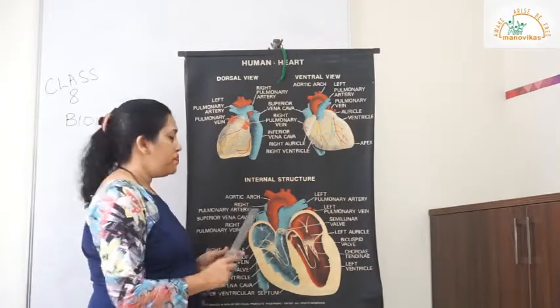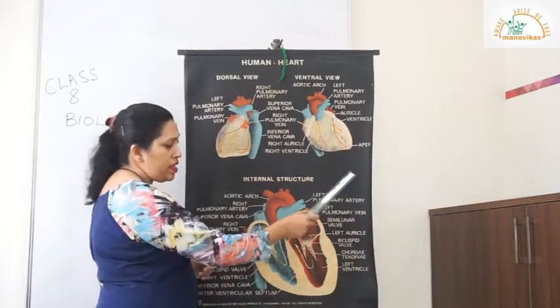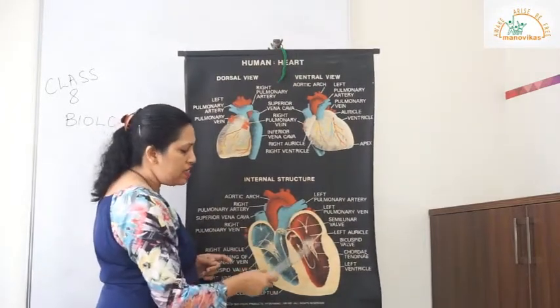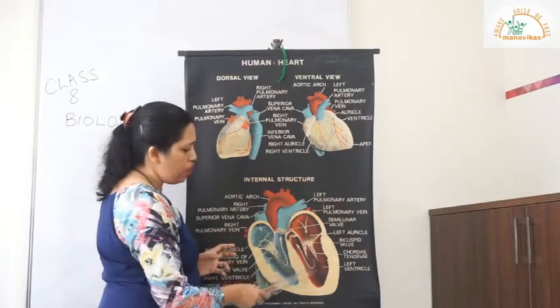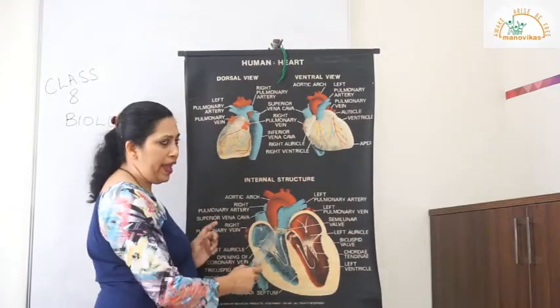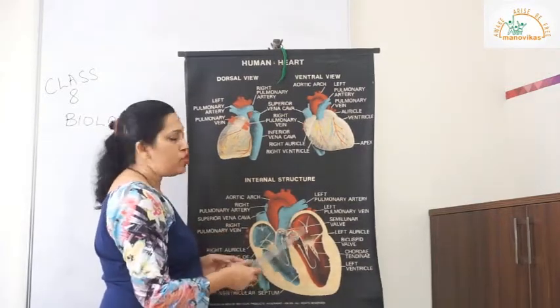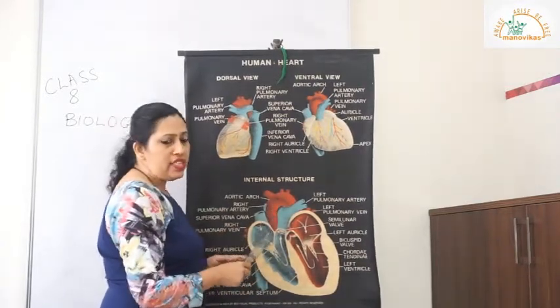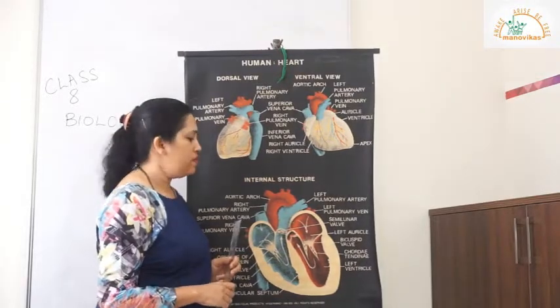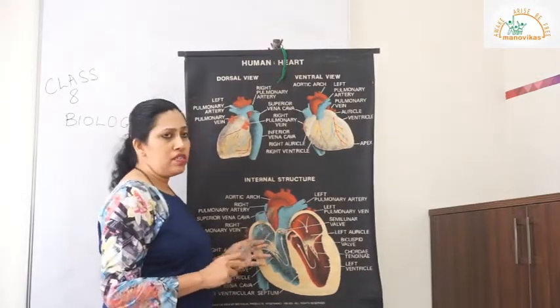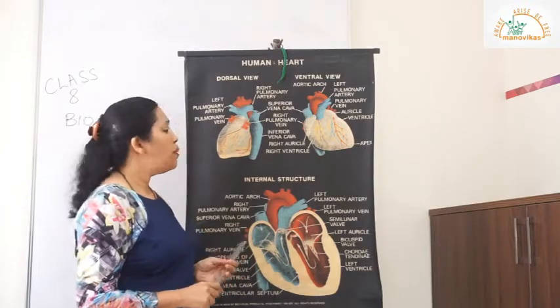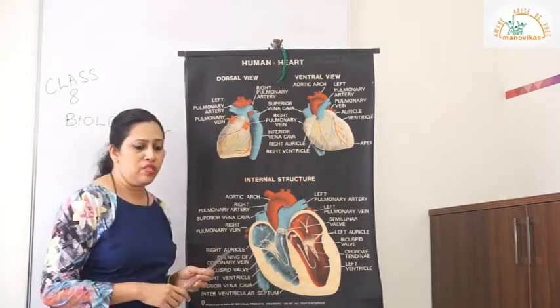Because this blood goes once to the lungs, comes back, then again the same blood goes to the body and comes back. 2 times it is leaving the heart and coming back. So because of that, it is called double circulation. So human blood circulation is also called double circulation.